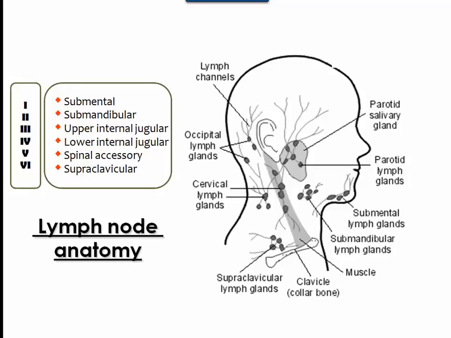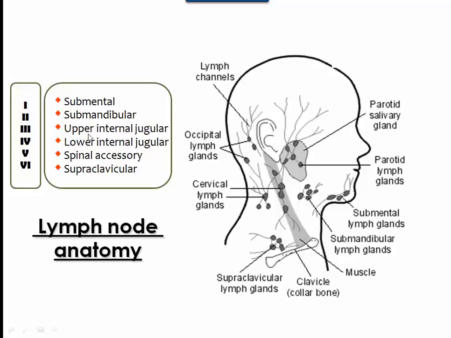Considering the lymph nodes of the neck, we have many anatomic divisions or groups, but this is a reliable descriptive way to assess the lymph nodes in the neck. We consider the submental group of lymph nodes as group 1, and group 2 are the lymph nodes located around the submandibular salivary glands.